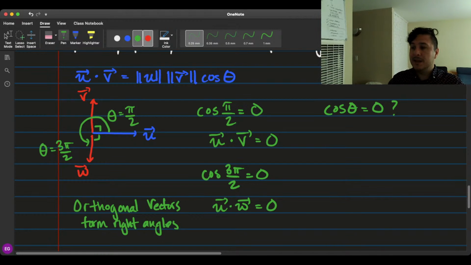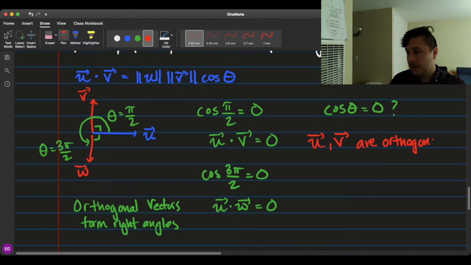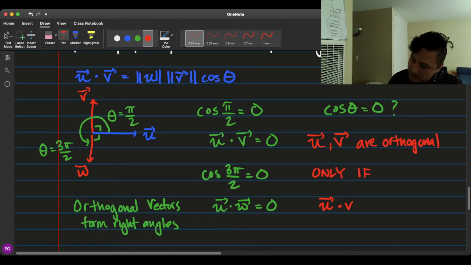And what this is telling you is that u and v are orthogonal only if their dot product is 0.